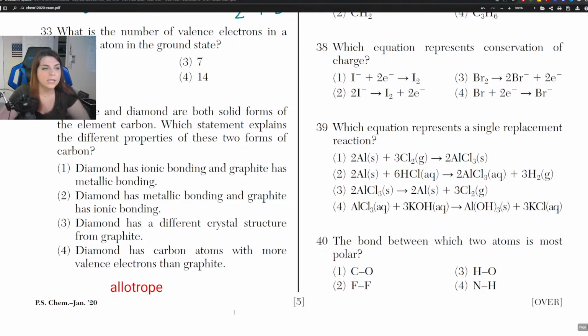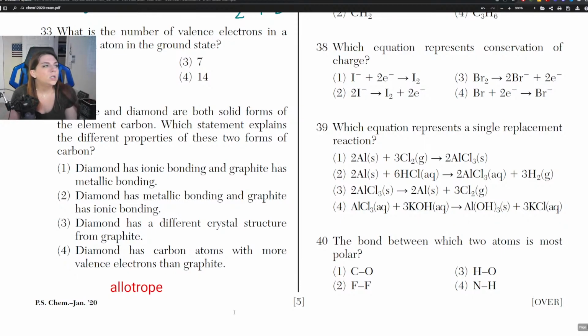Which statement explains the different properties of these two forms of carbon? So the graphite is going to be bonded in hexagons, and then those hexagons line up into thin sheets. So when you write with a pencil, the sheets just shave off the pencil. And in diamond, they're interlocked, and that's why diamonds are super strong.